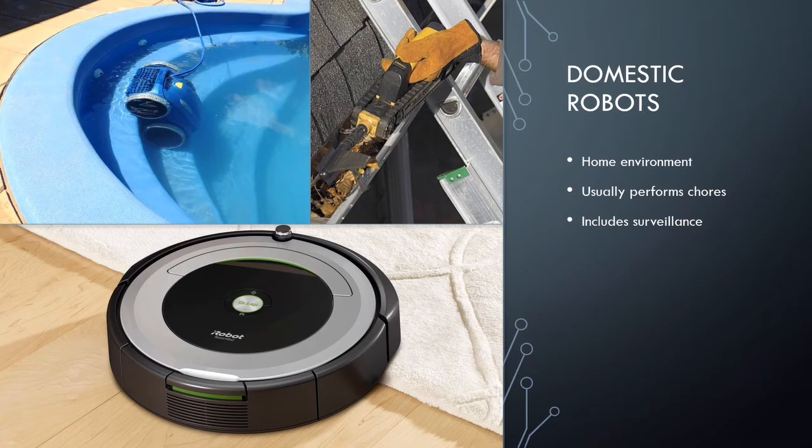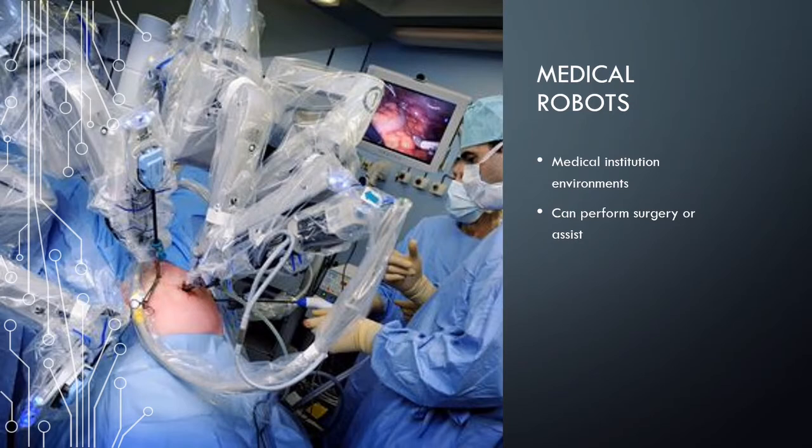And so domestic robots are becoming increasingly common in the variety and in what they're doing, and just how powerful they are. Then, as I briefly mentioned earlier, we're also using robots in the medical field. In some environments they are solely performing surgery, sometimes they are simply assisting a surgeon on a much more basic level, depending on the application.